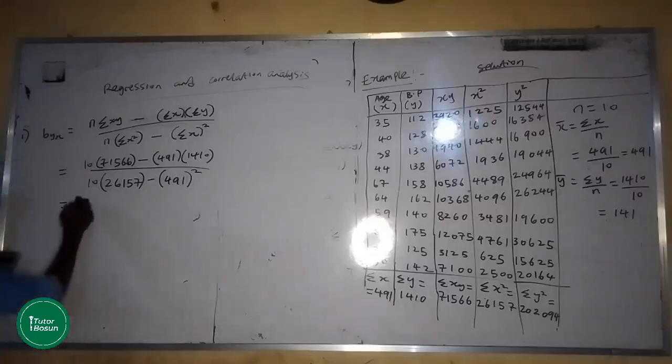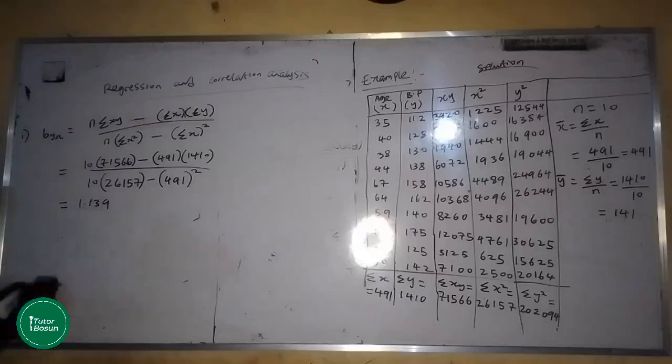So that will give us 1.139. So the relation of y and x is giving us 1.139.